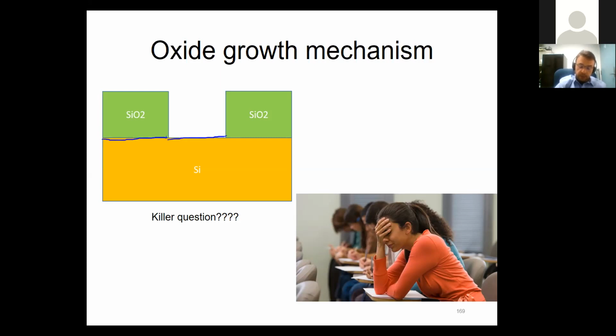So let's look at this part here. If we start with this silicon level, it will get lowered down. 45% will be here. I will grow 55 at the top. Okay, that's good for that portion. How about the others? Now, the second important thing that we need to remember is the oxidants, let's say oxygen in this case, will have to diffuse through all the oxide here.